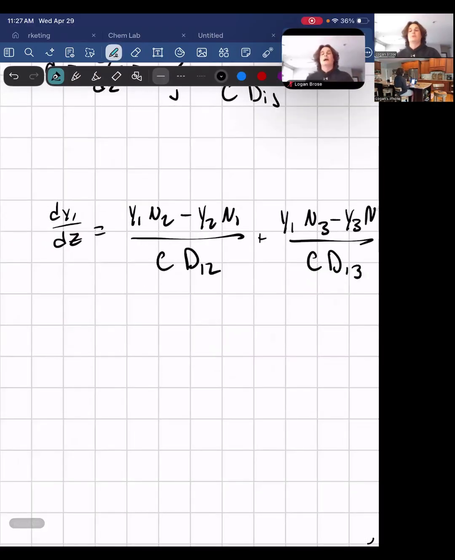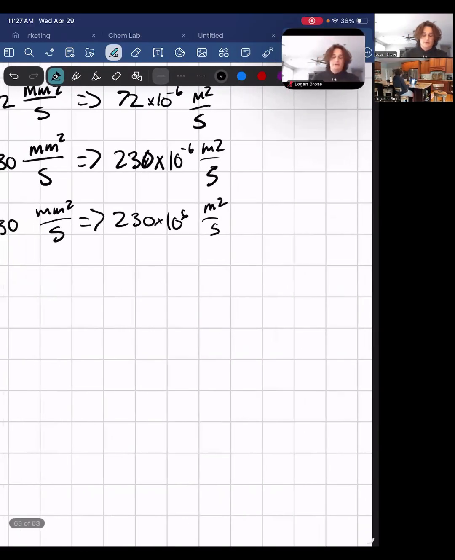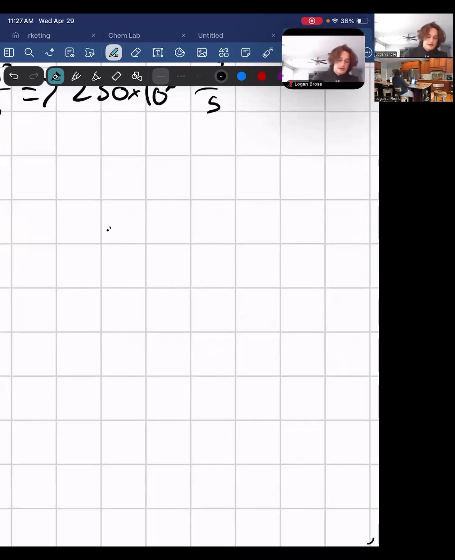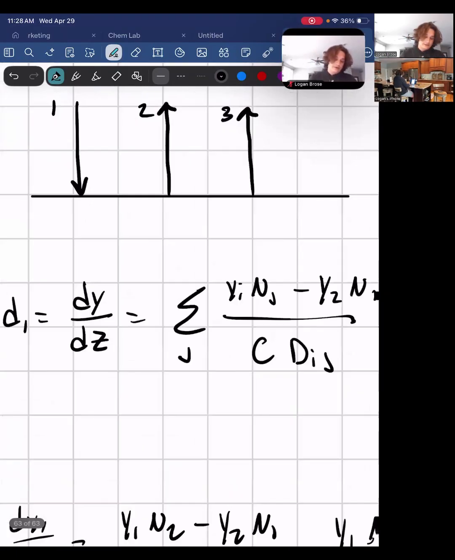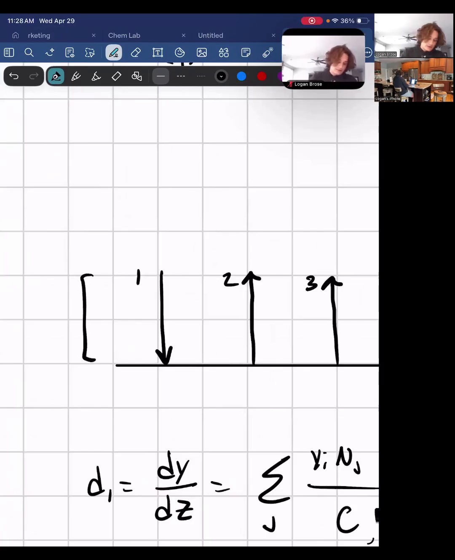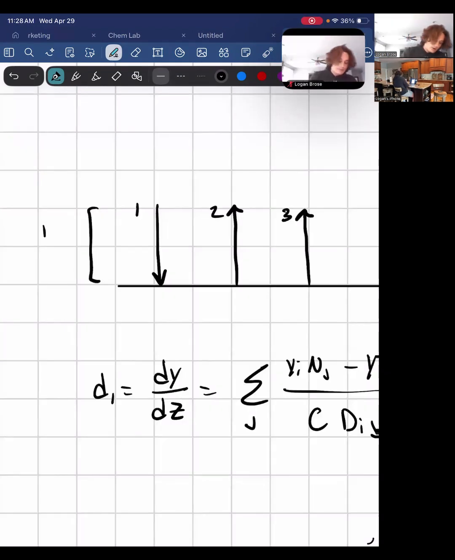And then what we did last time, we used our scaling factor, right? So we said that eta, which is a scaling factor between 0 and 1, equals our z over our distance. And we are given a distance here that is 1 millimeter, which will be 1 times 10 to the negative 3 meters.